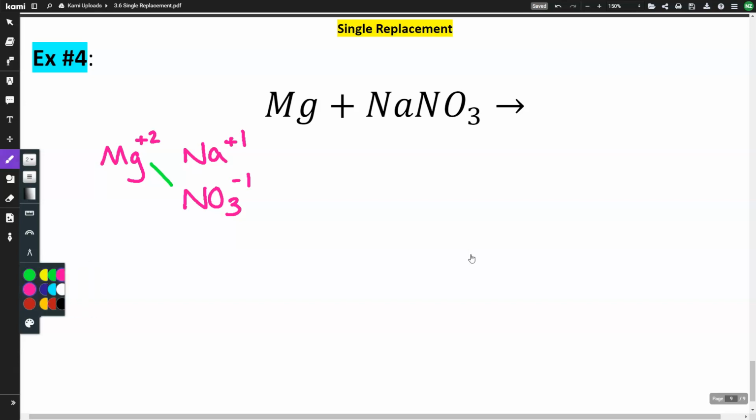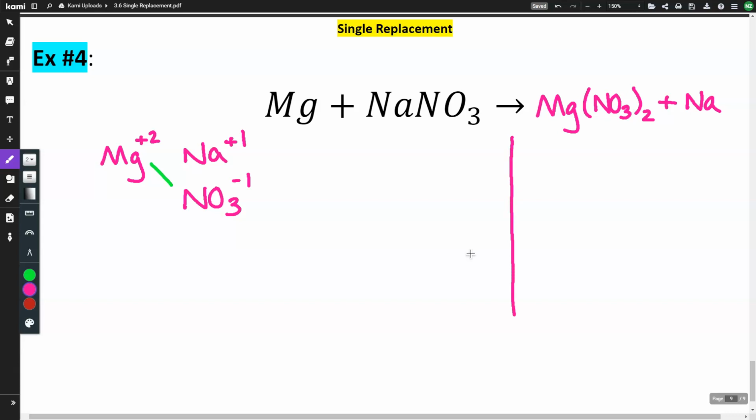Opposites attract. So I will end up with Mg, and then I need 2 of these nitrates, so it'll be NO3 and then 2 on the outside, and then I have sodium left over. I have no bright or clever friends. Sodium is not on the list, so I can keep going.